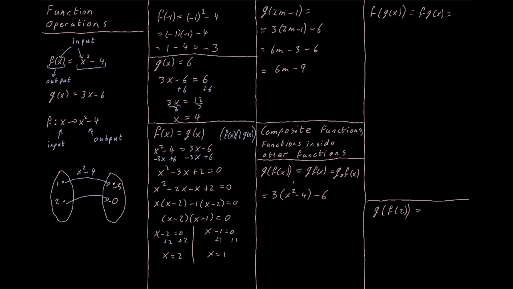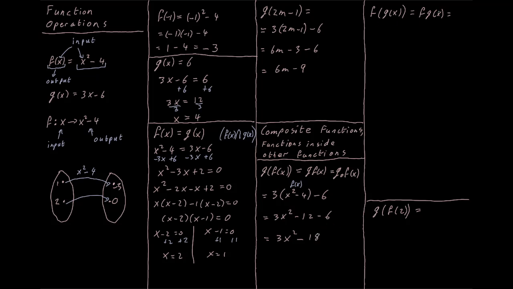Again, this is just the f of x function that is being substituted in as the input to the g of x function. So now you just simplify that out. We have 3 of these things, so we'd have 3x squared minus 3 groups of minus 4, which is minus 12, minus 6. So you end up with 3x squared minus 18.